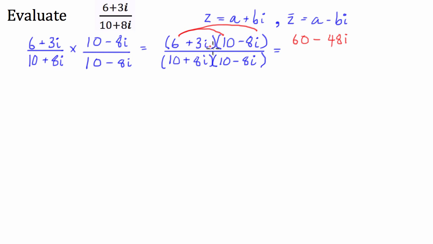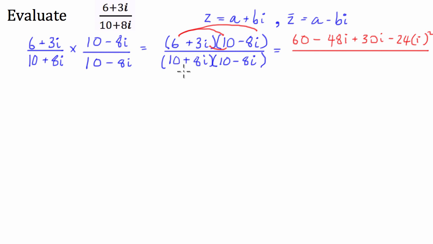Then inside, 3i times 10, so it's going to be plus 30i. And then last, we've got 3i times negative 8i. So 3 eights are 24, so it's negative 24i squared.